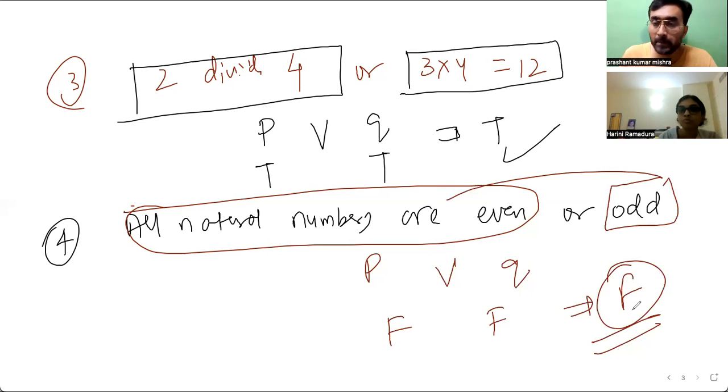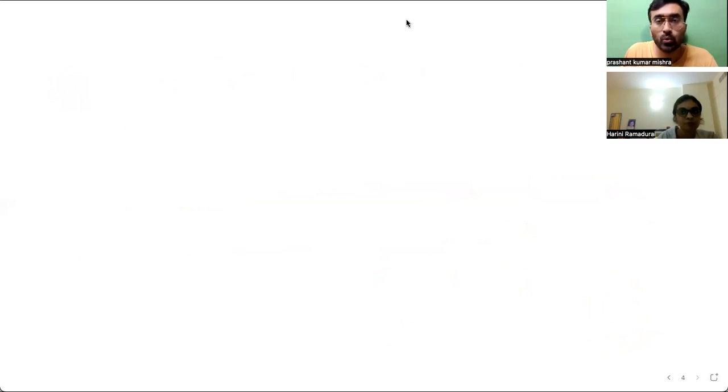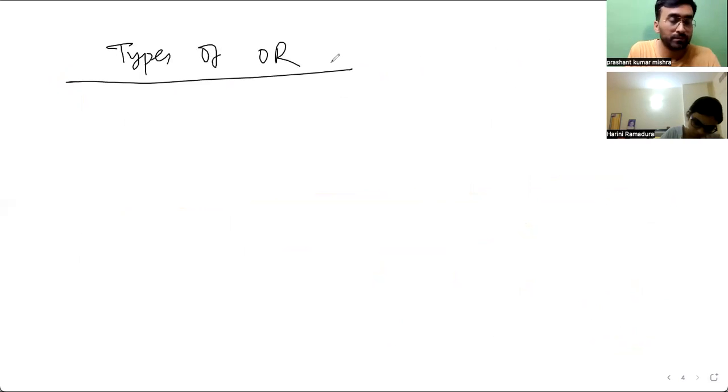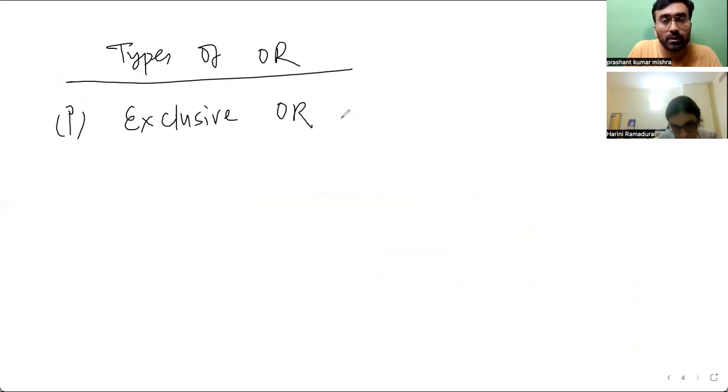Okay, now next, we'll write the topic. Types of or. One is exclusive or.